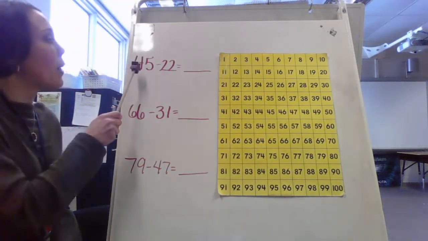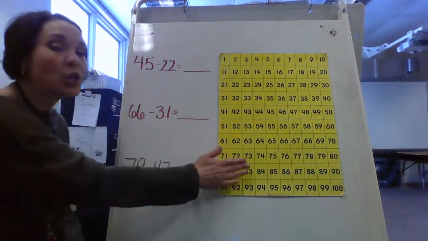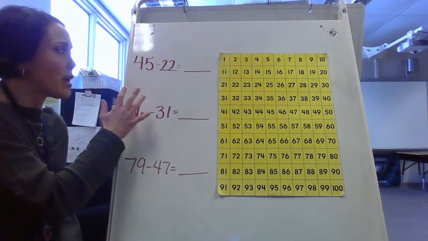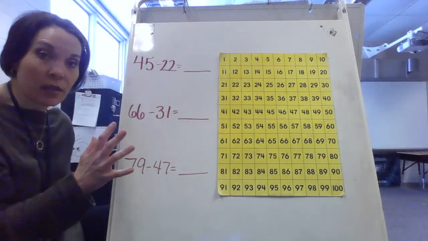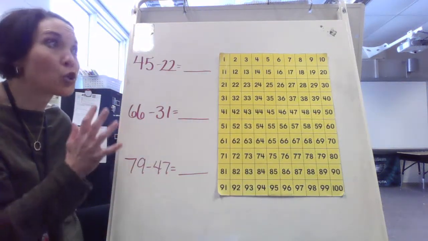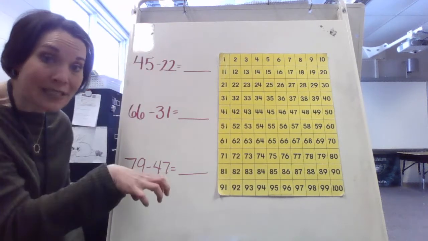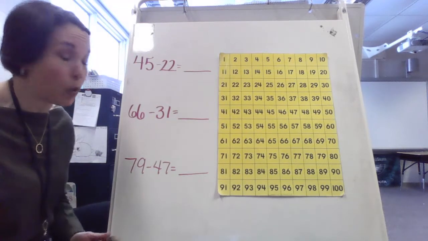When I want to solve 45 minus 22, I'm going to use this as my map. When I look at a number sentence, whether you are adding or subtracting, the operation is basically the direction. I'm going to be either going up on my chart or going down on my chart. Let's talk about the differences really quick.